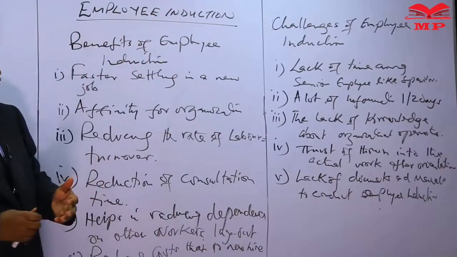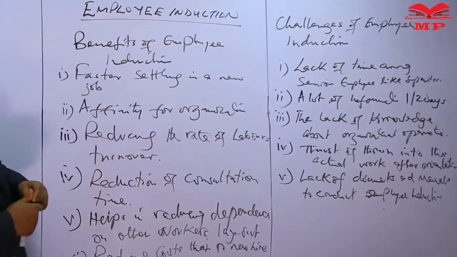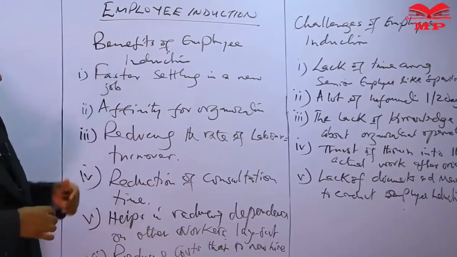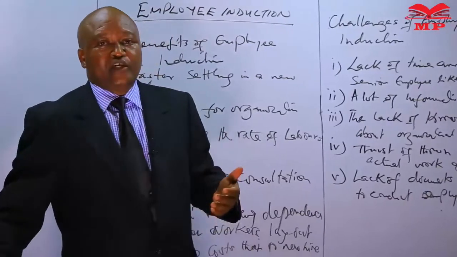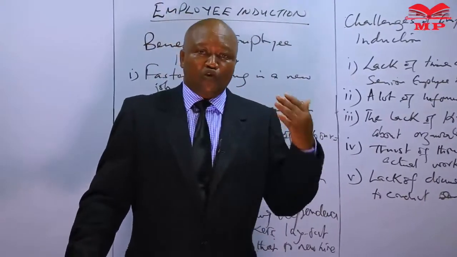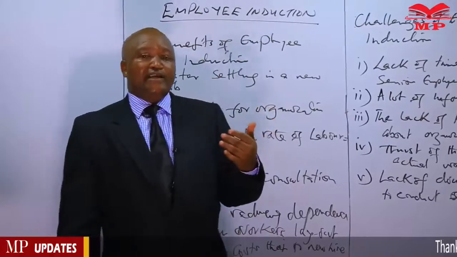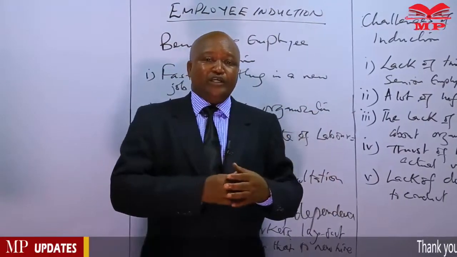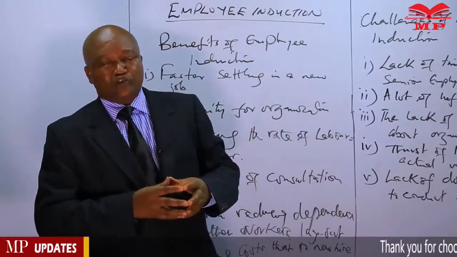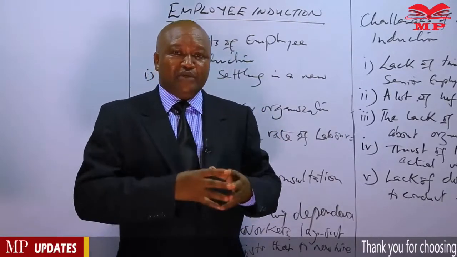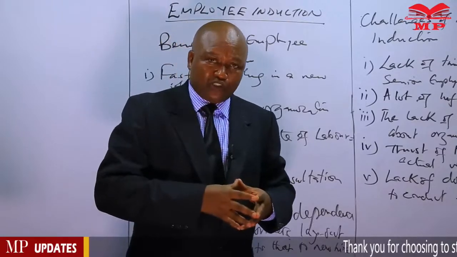So, dear learner, we have looked at the process of employee induction in this particular section of our lesson, and we have seen that employee induction is the process of orienting or culturalizing an employee or socializing an employee to be able to acclimatize to a working environment, to be able to take up the roles that have been assigned in the shortest time possible.